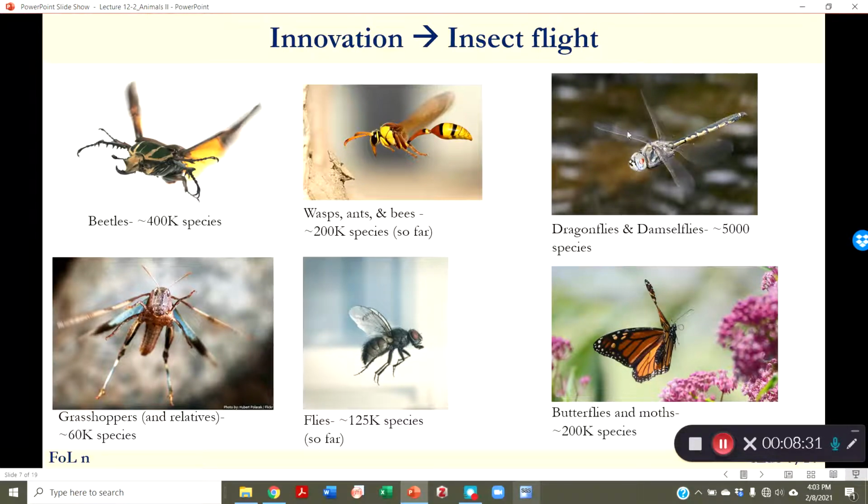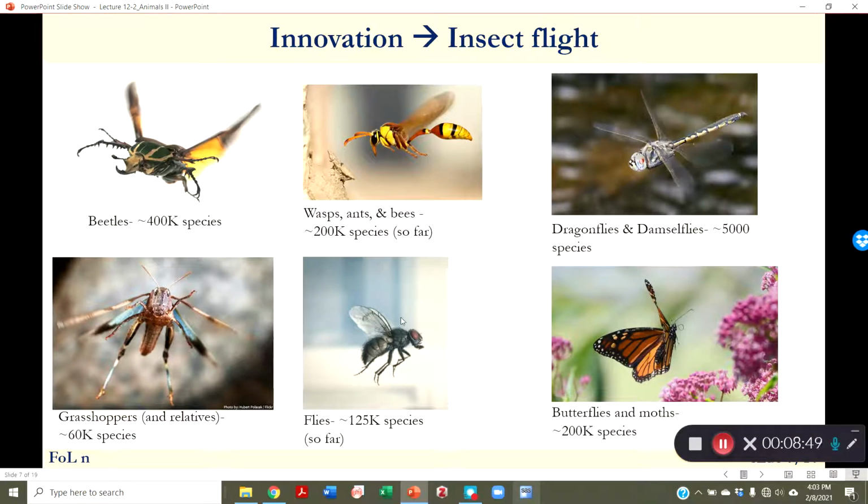Dragonflies and damselflies have this distinctive shape of their wings. Butterflies and moths obviously have taken their forewings and their hind wings and added all these very colorful scales and really innovated that way.